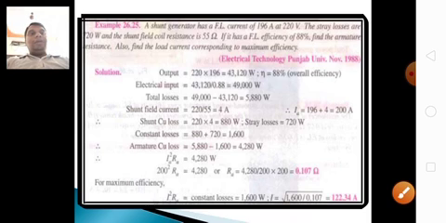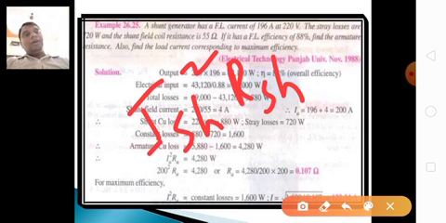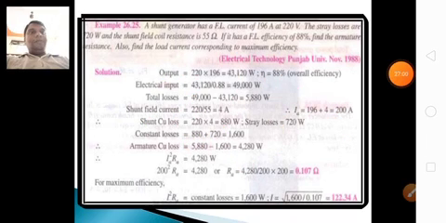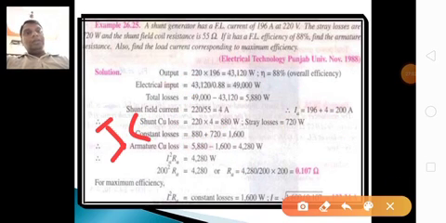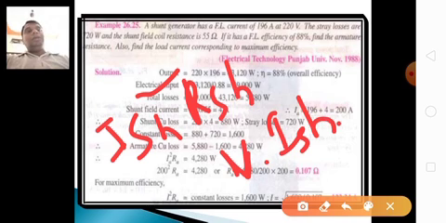And the shunt copper loss is I square R, that is ISH square into RSH, which is equal to V into ISH.